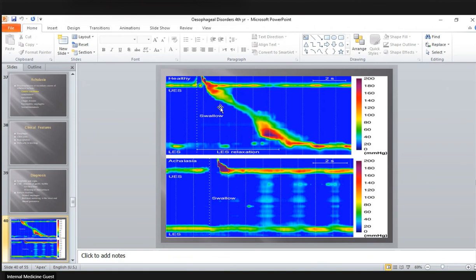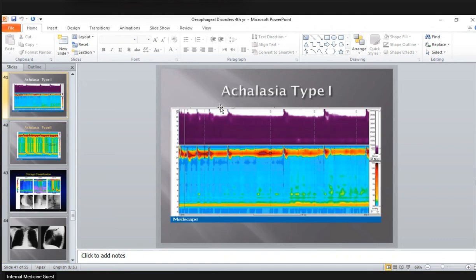Food bolus swallow. Now achalasia has 3 types: type 1, type 2, and type 3. In type 1, the contractions or the pressures within the esophageal lumen are low.